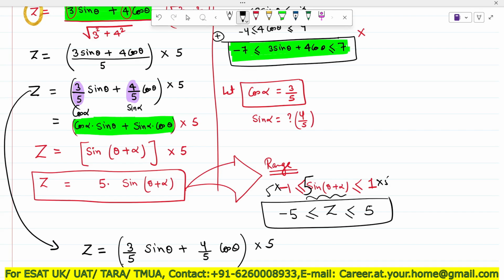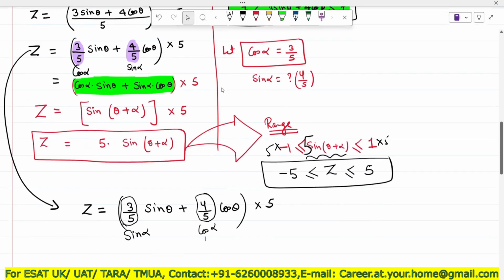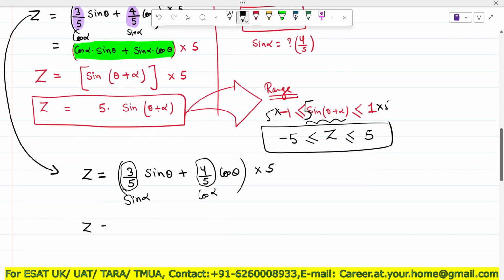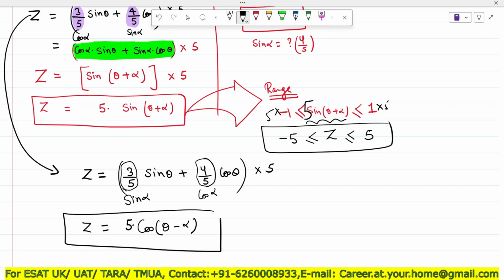Now, if I assume this as sine alpha, and this as cos alpha, then my identity changes. Now I will have the identity sine A into sine B plus cos A into cos B, which is cos of A minus B. So it is cos of theta minus alpha, times 5. But again, there will be no change in the range. Are you getting this?